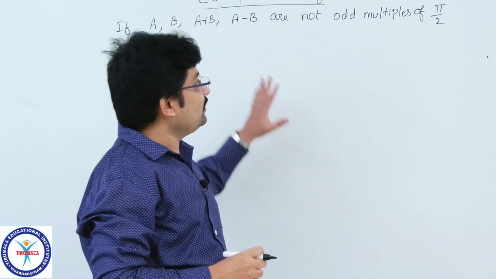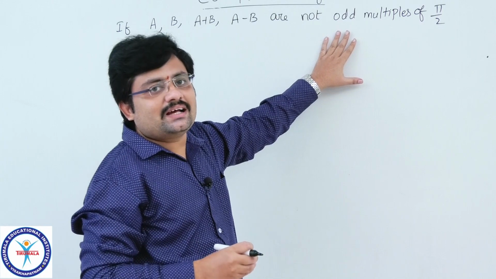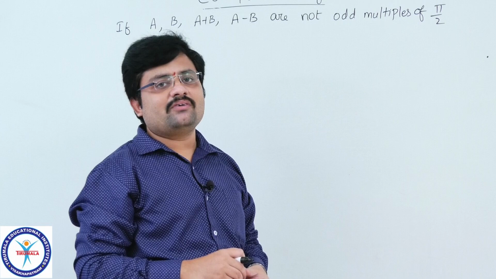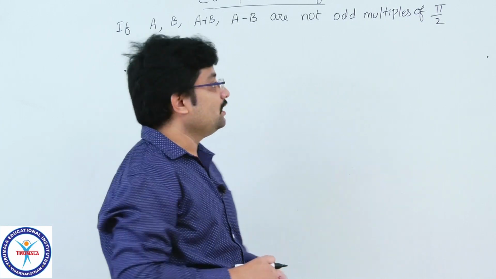So you have to eliminate these, that means you should not take the angles as odd multiples of pi by 2. Then how can we derive the formula for tan(A+B) and tan(A−B)?